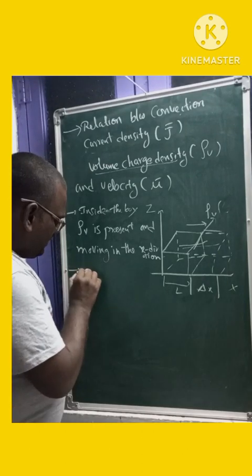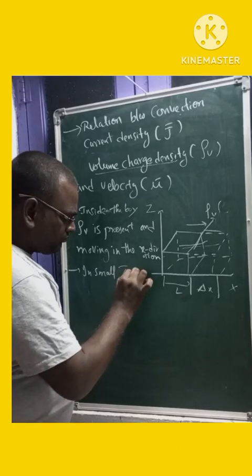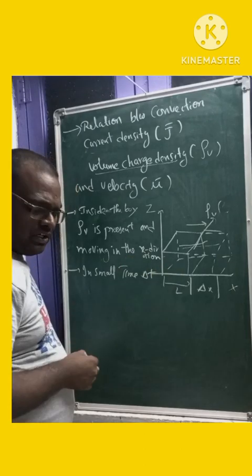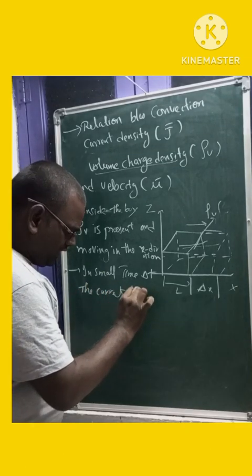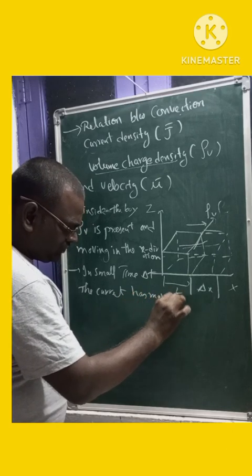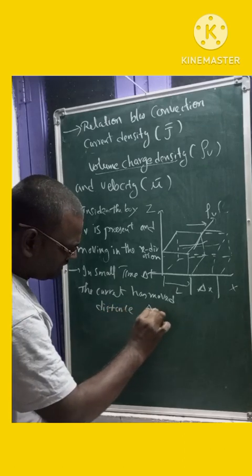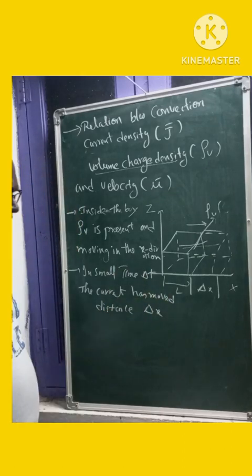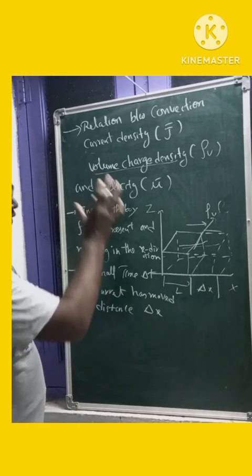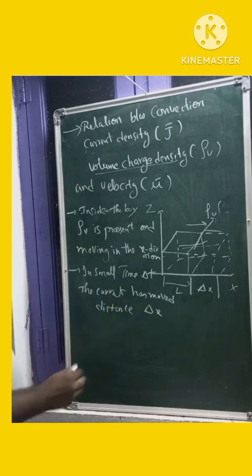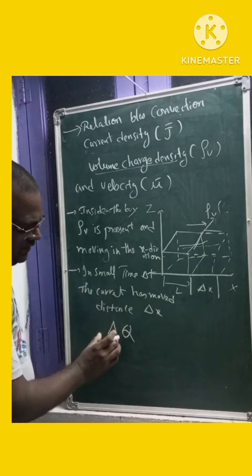Here, in a small time del t, the charge has moved a distance del x. The charge moved is indicated by del q.